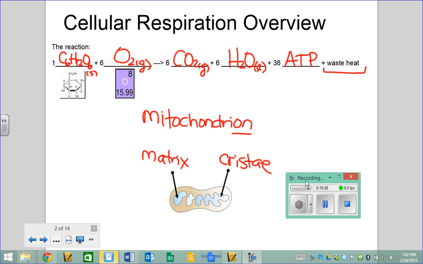And so much like the chloroplast has the fluid part, the stroma, and the membrane, thylakoids, mitochondria has the same deal. So if I was going to compare, I'm going to say the stroma and the matrix kind of have something in common. The cristae and the thylakoids have something in common.